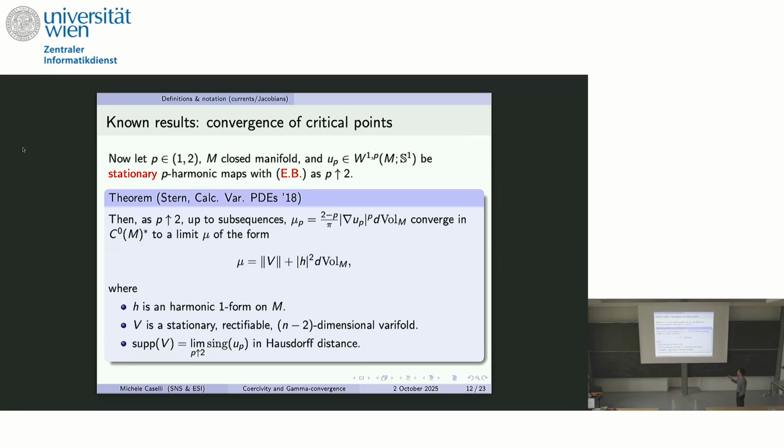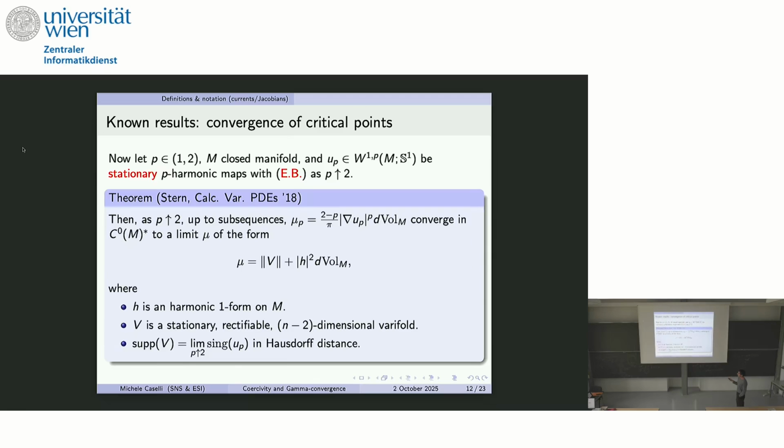This part is not supported on an n-2 dimensional set. Generally it is like a smooth function times the volume form of M. Even if you disregard this as a pathology of the method, I'm sure there are ways to make sure that this does not happen.